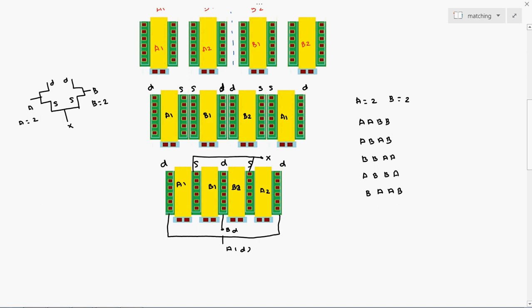The pattern should be mainly considered based on the schematic. Based on the schematic diagram only, we can decide which pattern is the best and which pattern fulfills the desired operation or function of the circuit. So we have n number of patterns, but choosing the pattern is 100% based on the schematic only. Based on this schematic, here I have chosen ABBA.